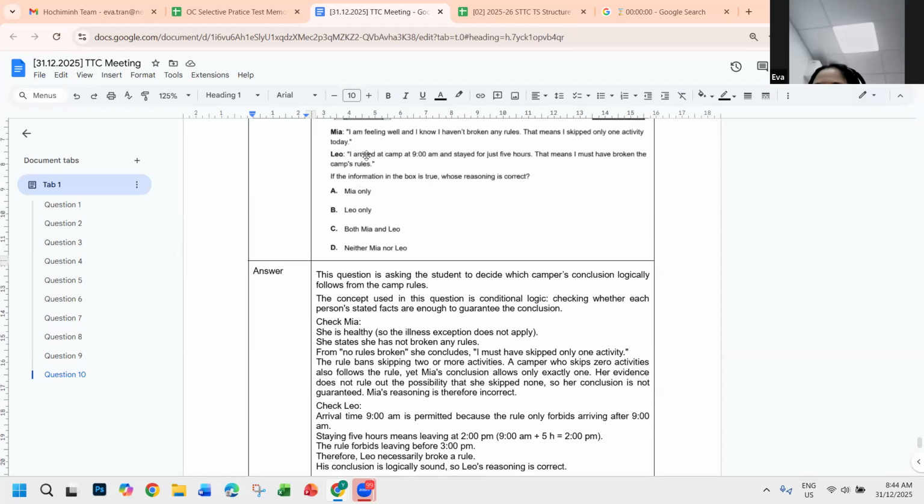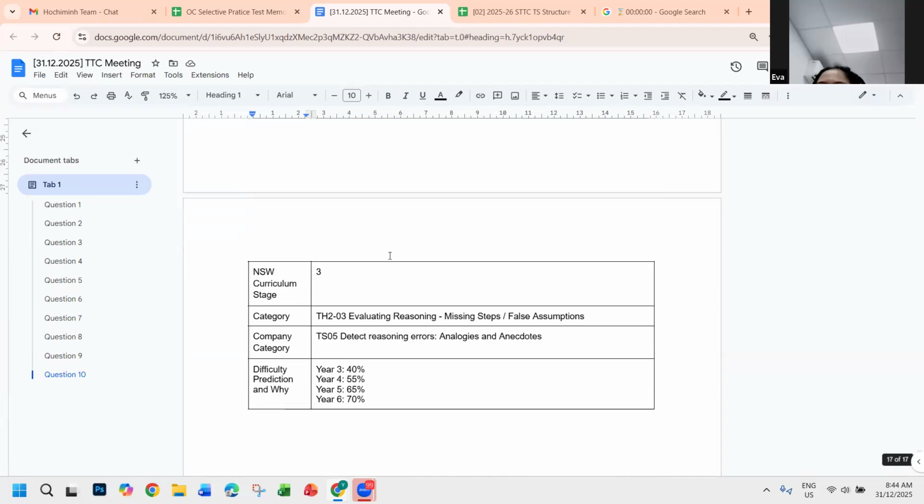So Leo's reasoning is correct. The correct answer is option B. Common category ETS: detect reasoning errors, analogy, and anecdotes.